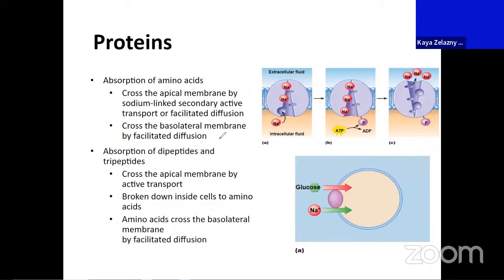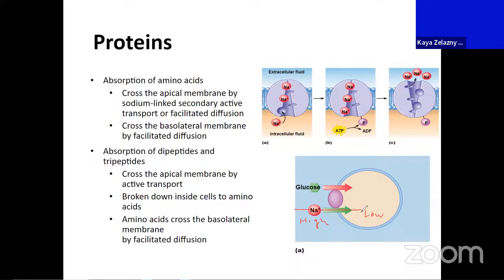So I did a little drawing before, but here's a figure from our book, right? So when we're absorbing an amino acid, we're going to cross that apical membrane by linking things up to sodium reabsorption. So it's similar to what we've talked about before with glucose, basically, right? So you can imagine this absorption happening in a similar way. We create a sodium gradient where we have relatively high sodium outside the cell, relatively low sodium inside the cell.